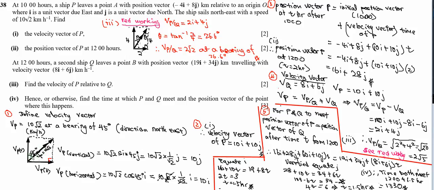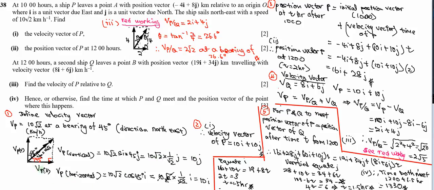Since this is the northeast direction, this angle is 45 and this is also 45. Working it out, sine 45 is 1 over square root 2, so cancel out the square root 2 and you get 10j.